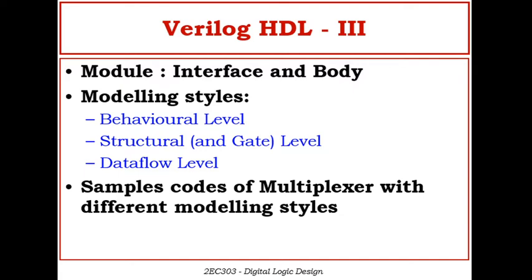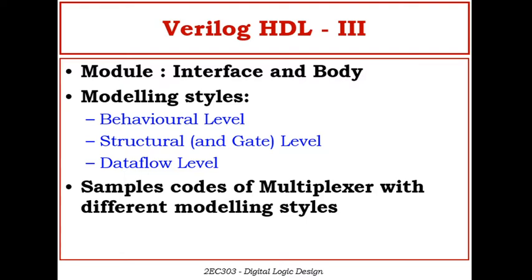Broadly, there are two parts of the Verilog program. First one is interface, where the incoming signals, outgoing signals, as well as in some cases bidirectional signals are defined, while the actual functionality lies in the main body of the program.